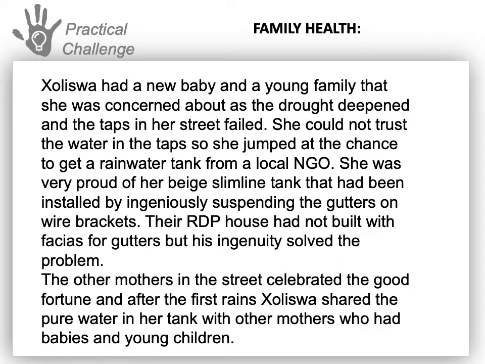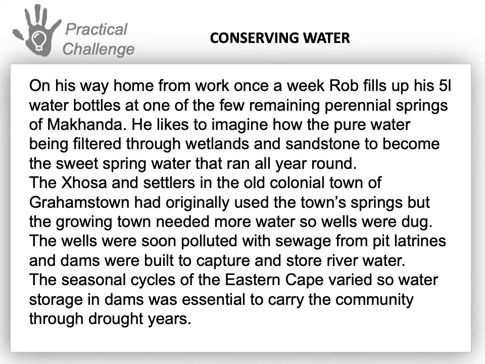Their RDP house had not been built with fascias for gutters, but the ingenuity of her husband solved this problem. The other mothers in the street celebrated the good fortune. After the first rain, Poliswa shared the pure water in her tank with the mothers who had babies and young children. A success story.